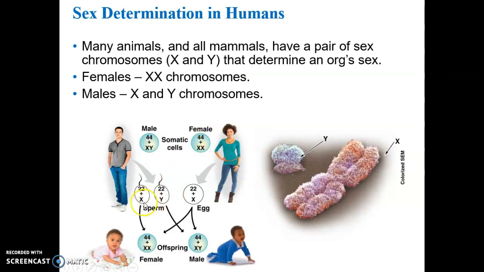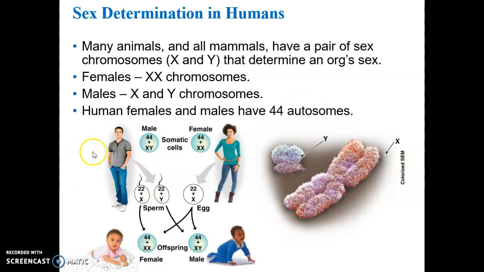Well, it was his fault because he kept contributing X-containing sperm into the female's X-containing eggs and kept having female babies. It was his problem, so he probably should have cut his own head off.